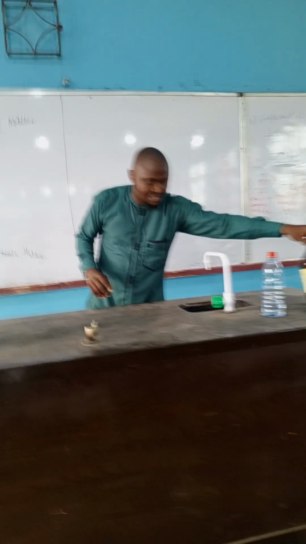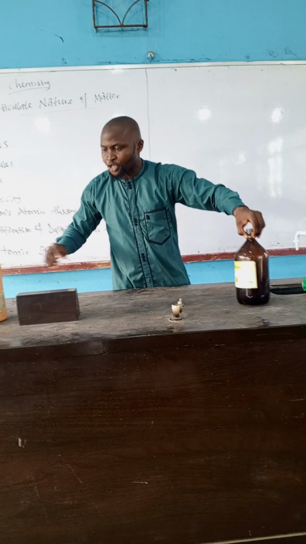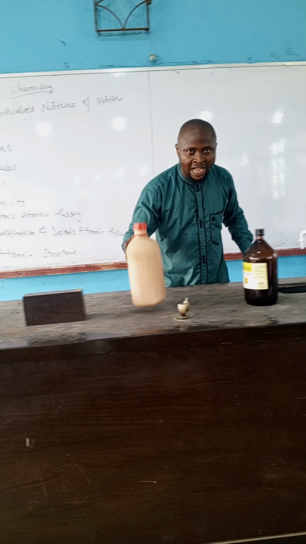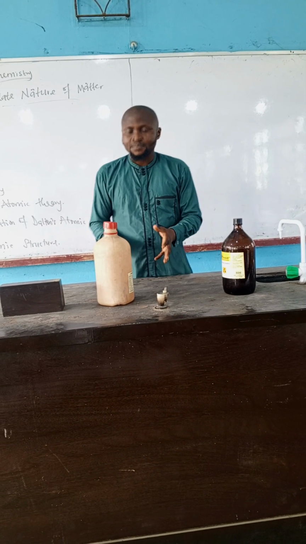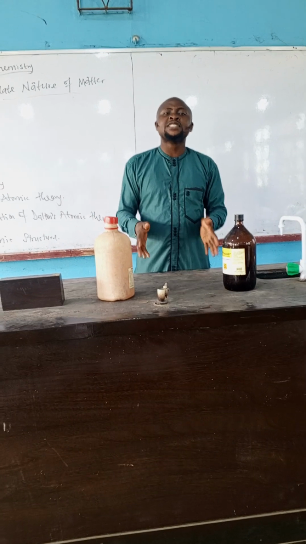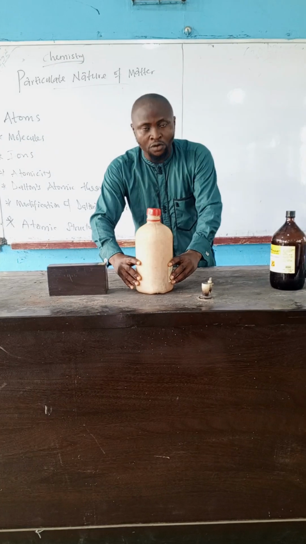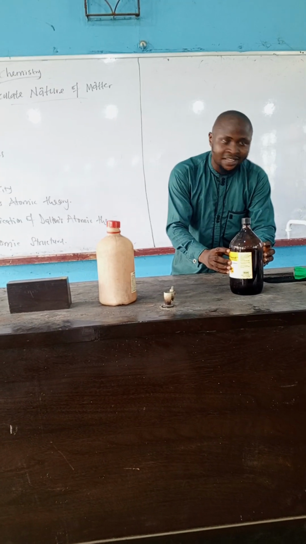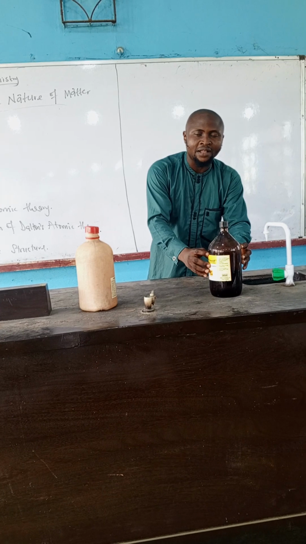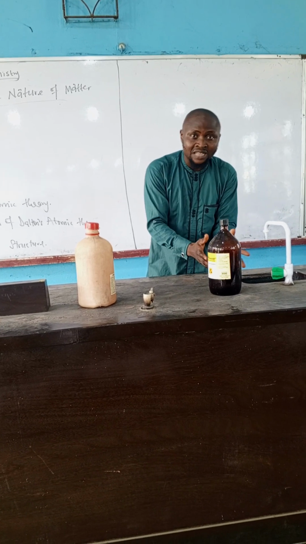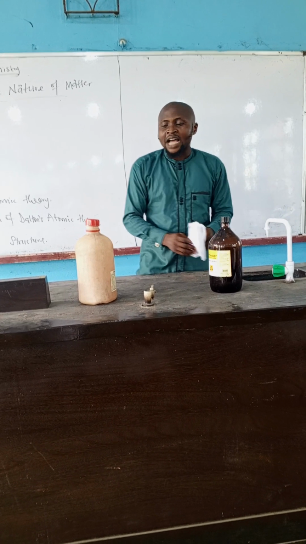To demonstrate that, this is ammonia solution and this is hydrochloric acid. According to particulate nature, the content of this is matter, hydrochloric acid, and the content of this is matter, ammonia, because they have mass and occupy space.